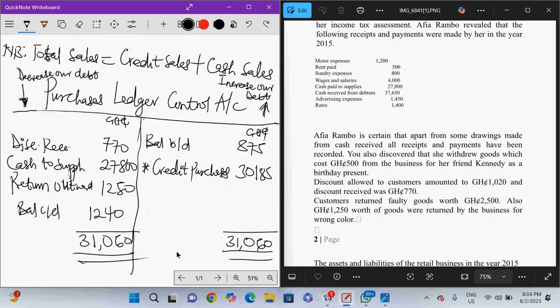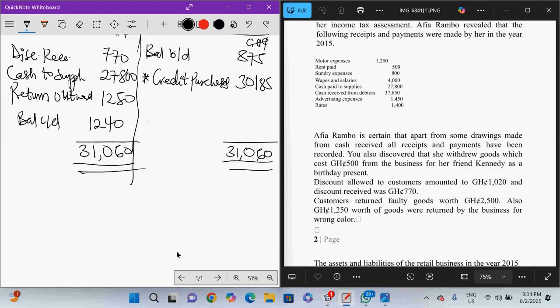We are done with step 3, purchases, and then the sales.